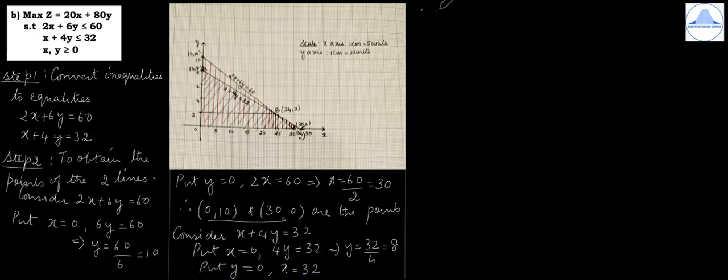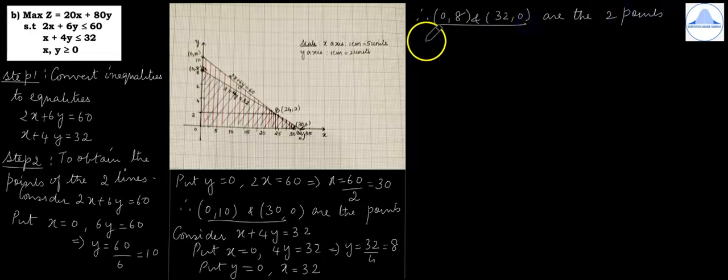So therefore 0, 8 and 32, 0 are the 2 points of this line. Then step 3 is to draw the graph.